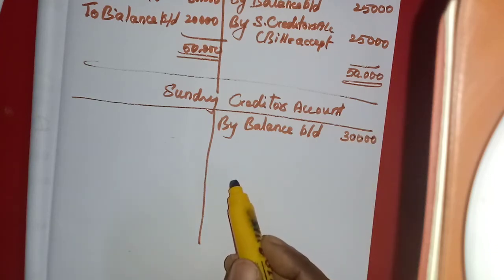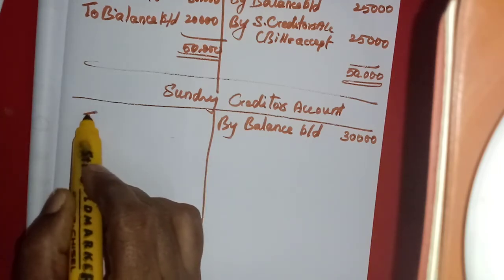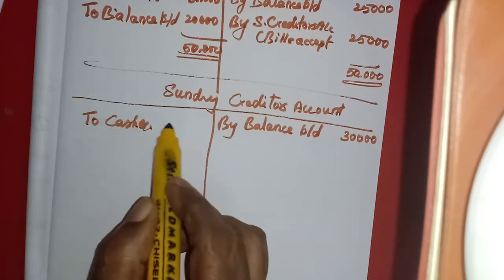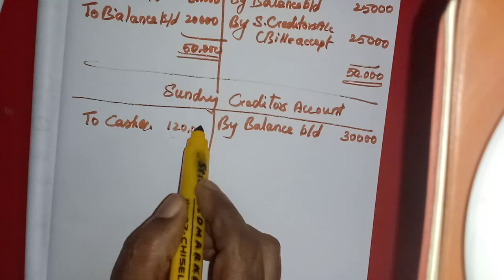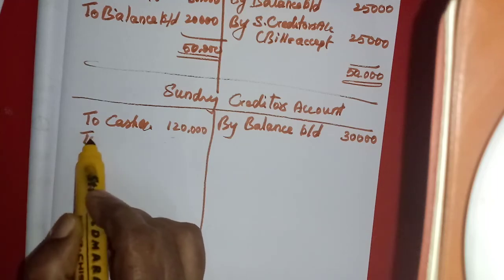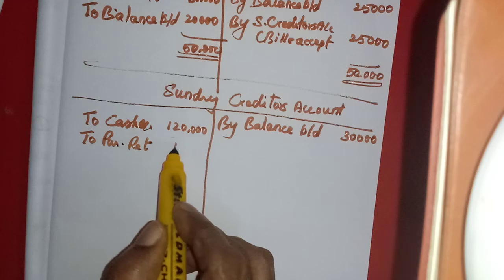Then paid cash to creditors, so here to cash 1,20,000. Paid for bills payable will not come. Then purchase returns, that will come. Okay, purchase returns 15,000.